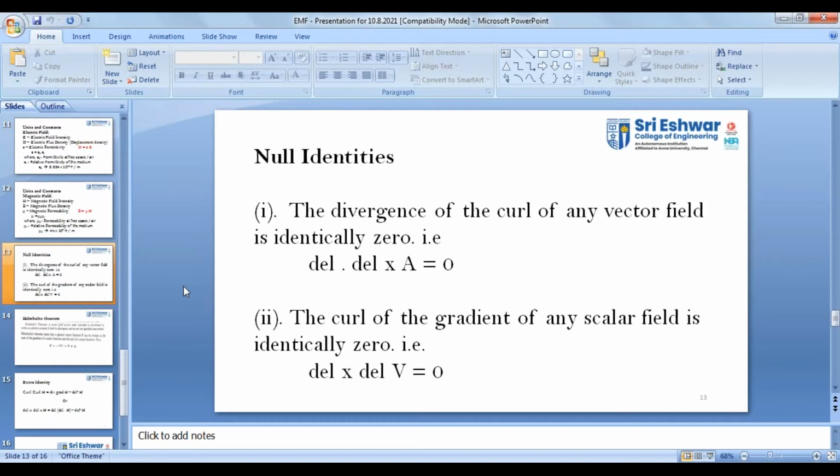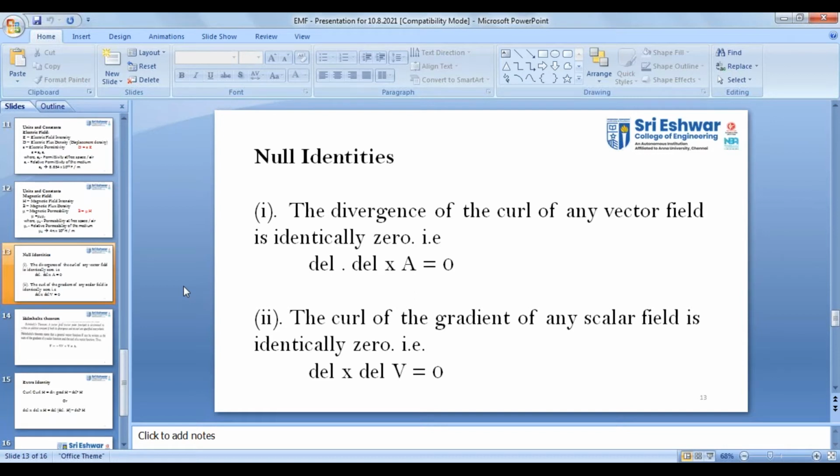How can I write del dot del cross A equal to 0 as a statement? It is the divergence of the curl of any vector field is identically 0. That is the statement.